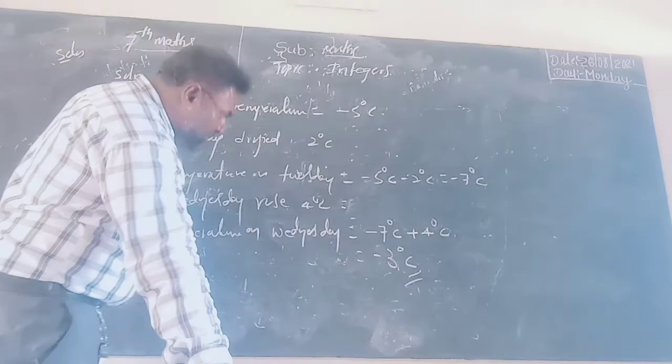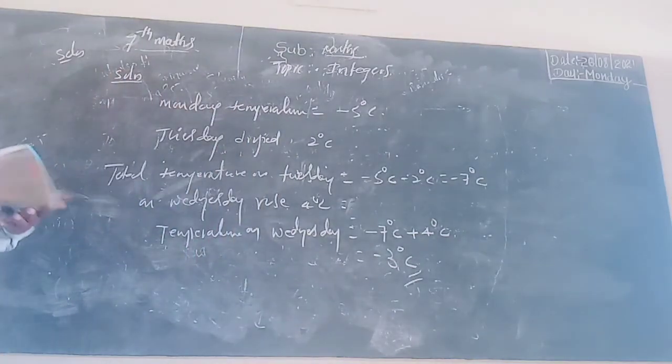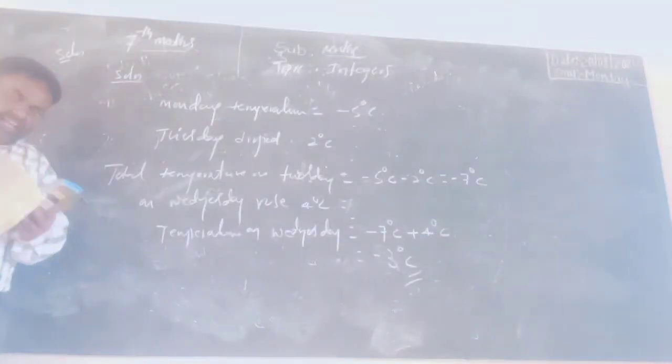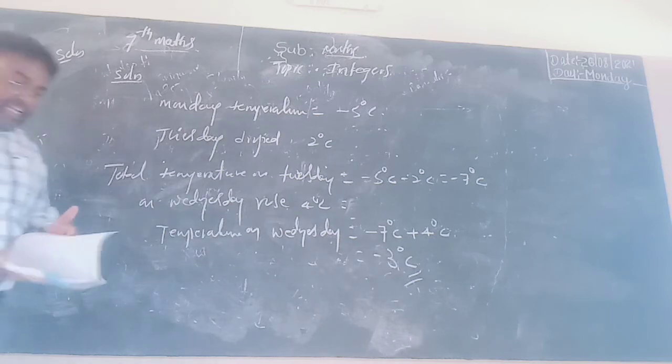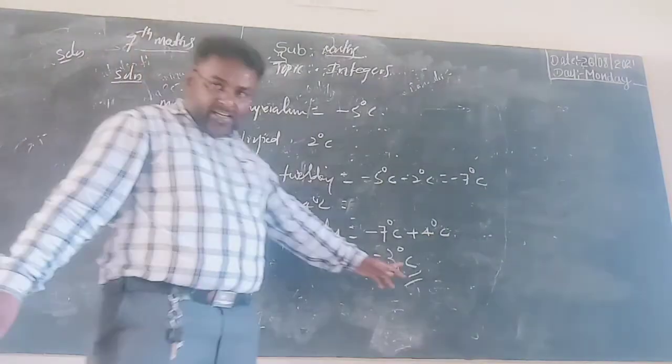So Wednesday temperature is minus 3 degree centigrade. Understand?